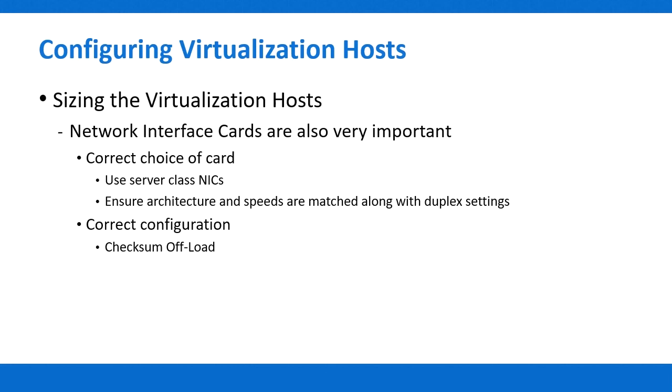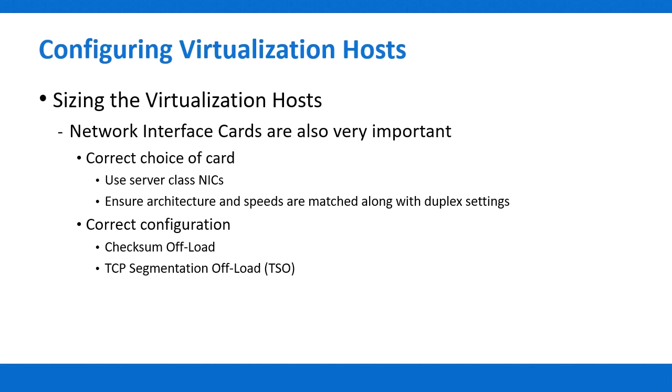Here are a few configurations that you may not think of, but they are specifically used in virtualization environments. The first is checksum offload. This just offloads the processing of TCP packets to the actual network controller, so it's offloading them from the CPU to the network controller. That's just a configuration that's turned on.